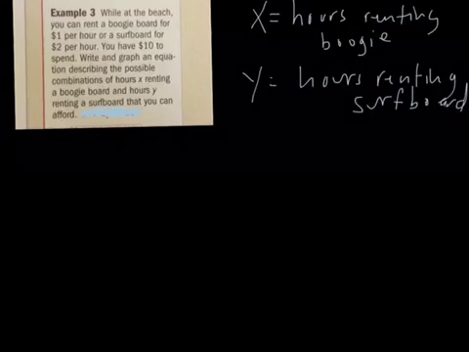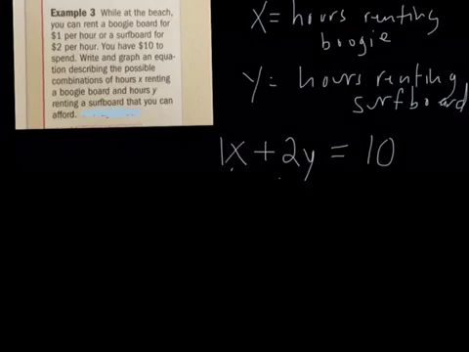So we could set up an equation and say that we've got $1 per hour for x hours on the boogie board, plus $2 per hour for y hours with the surfboard. If we've got $10 to spend, we could say that the combination of these two could be equal to 10. We can't spend any more than that.